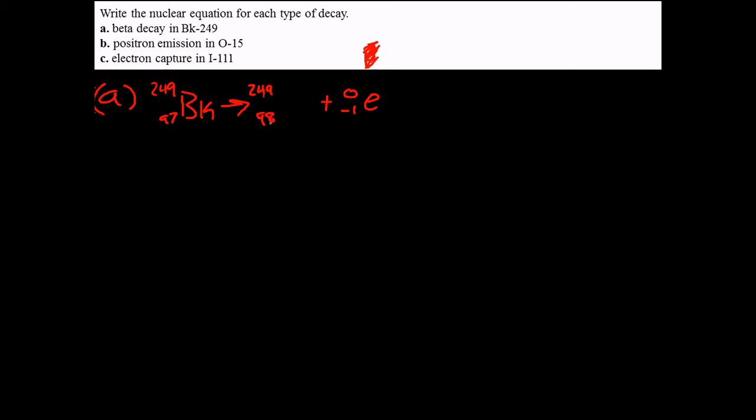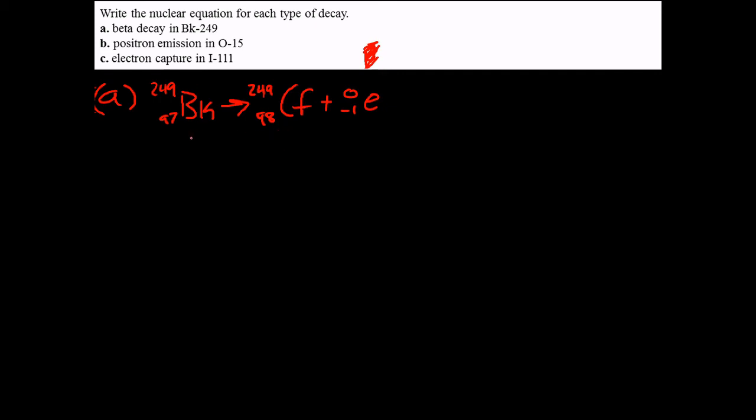And again, the other way of thinking of that, if you don't want to think about it in terms of this turning into that, you can go the math route. We have 97 on the left, we need 97 on the right. To get 97 with already knowing that we have -1, this has to be 98. And if you look at element number 98, that is CF, which is californium.